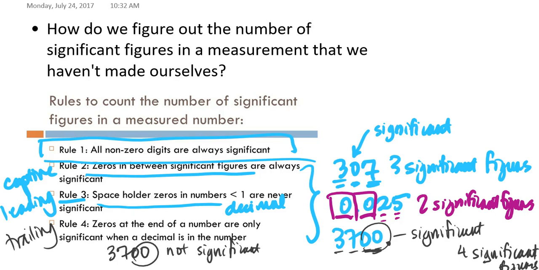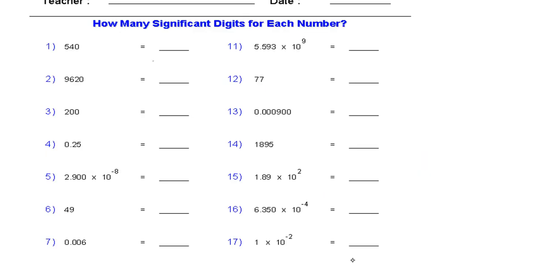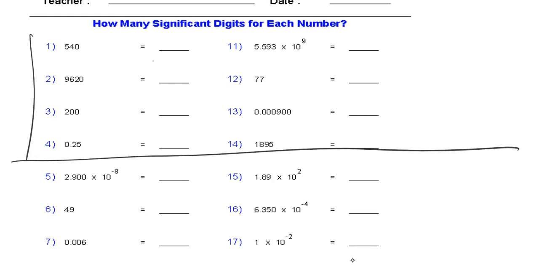So that would mean I only have 2 significant figures in this value, whereas there were 4 in this one because of the presence of the decimal point. Let's take a little additional practice. Let's work on these 8 values.